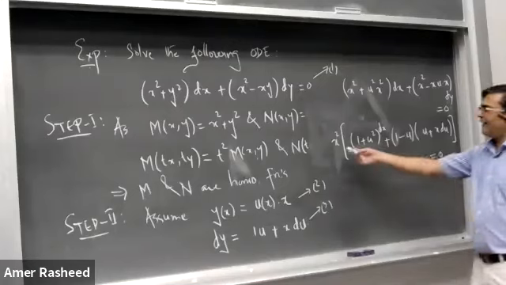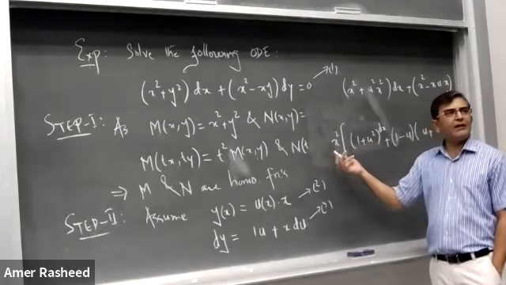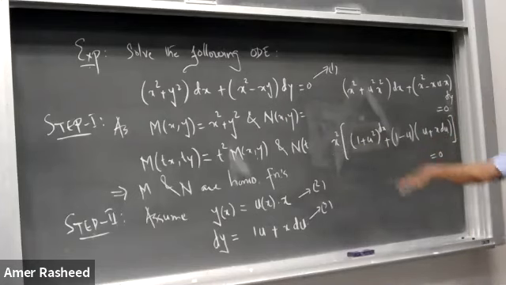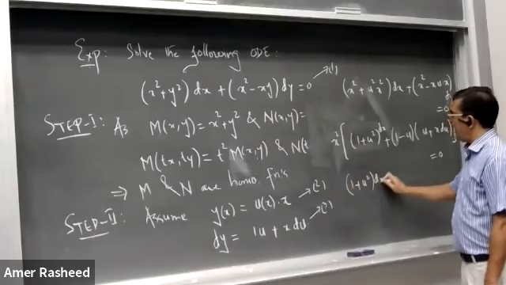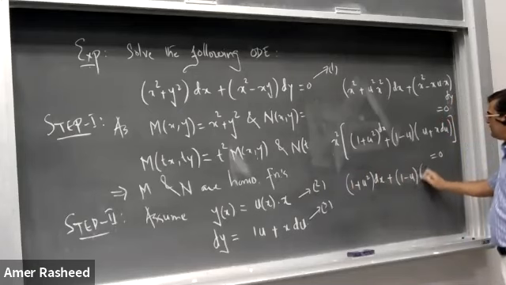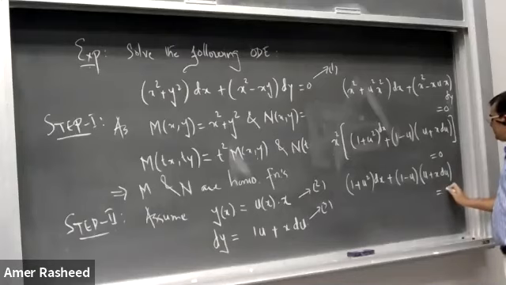Now this x squared can be eliminated, we can put it equal to 0. This equation, what do we get here now? 1 plus u squared dx plus 1 minus u times (u plus x du) equal to 0.